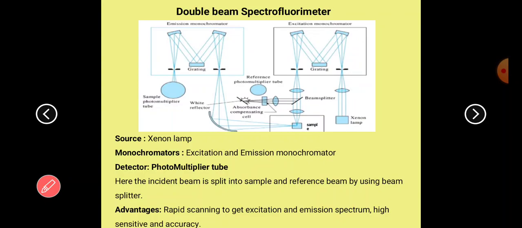The incident beam is split into sample and reference beams using a beam splitter. You can observe this in the diagram. The advantages of the double beam spectrofluorimeter are that scanning of the sample is possible, and it is very sensitive and more accurate. These are the instruments used in fluorimetry.